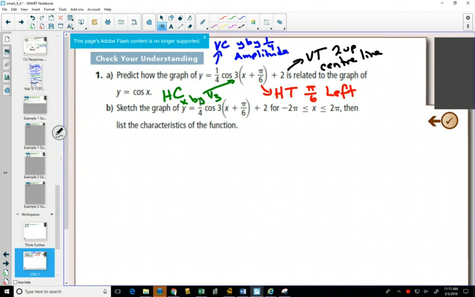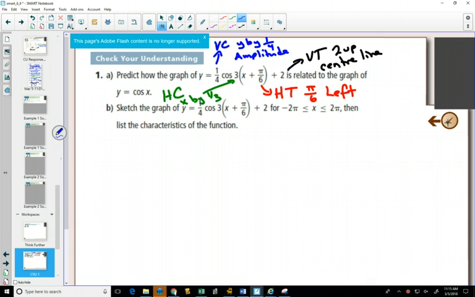Just like our transformations unit, in order for us to do all of this, we note here that we have a horizontal compression and a horizontal translation, but can you see that it's already in the factored form? Sometimes it won't be in the factored form, and that special note that we saw in Chapter 3 would come into play. In this case, it is already in the factored form.